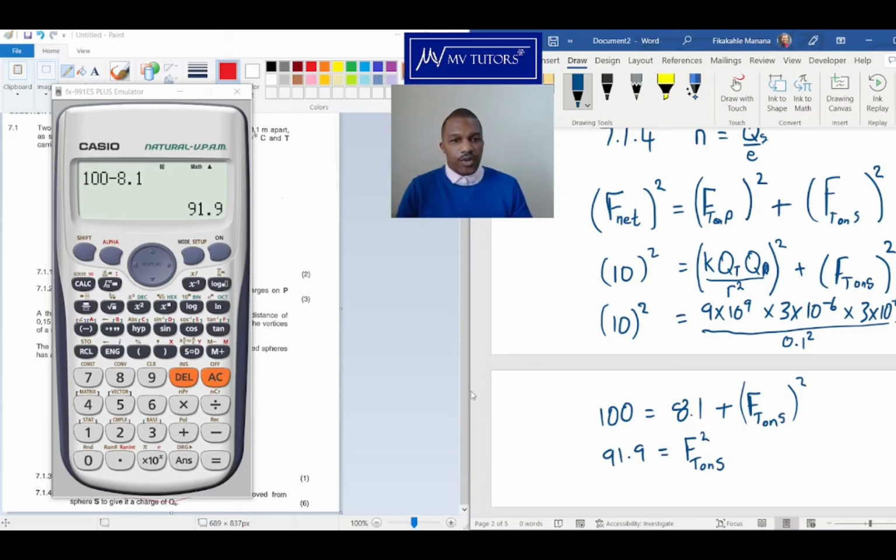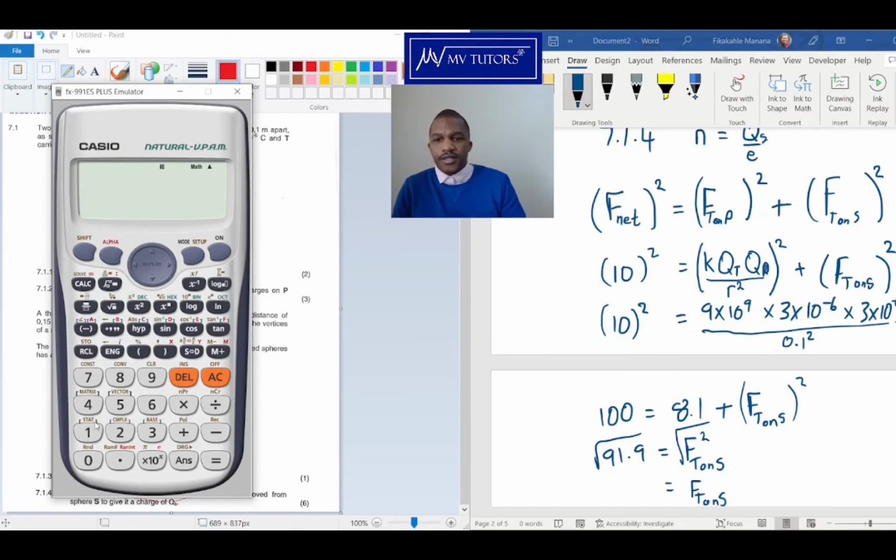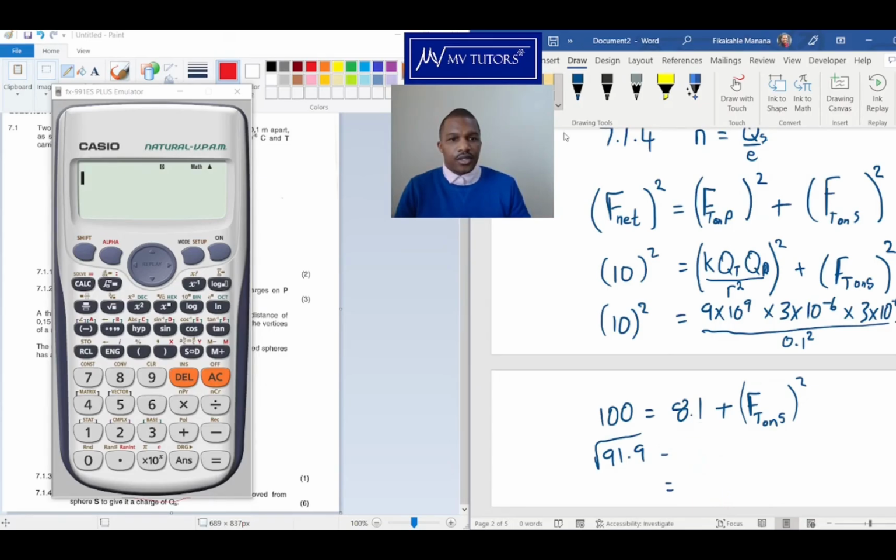But if I just want F of T on S alone, then I have to do the square root on both sides. Let's check that out. Oh, remember, yes, the 8.1 is squared. Okay, so let's rub all of that. Can't just subtract it, because all of this must be squared.